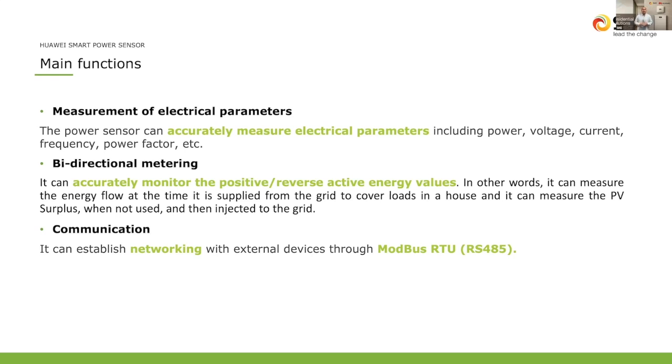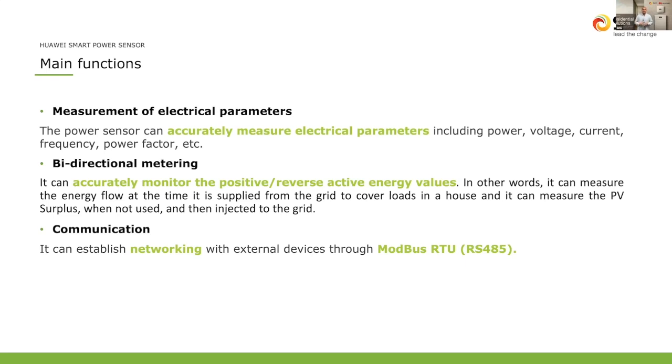Using both devices, we can accurately measure electrical parameters such as power, voltage, current, frequency, and power factor, which are very useful for the installer to know the status in the management system.